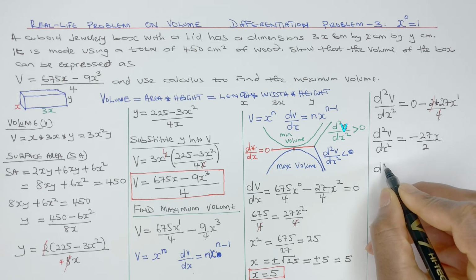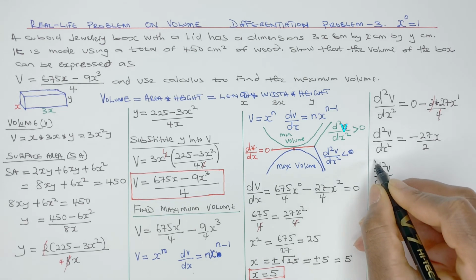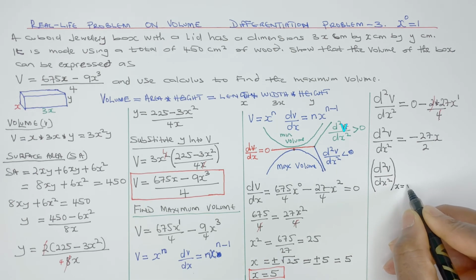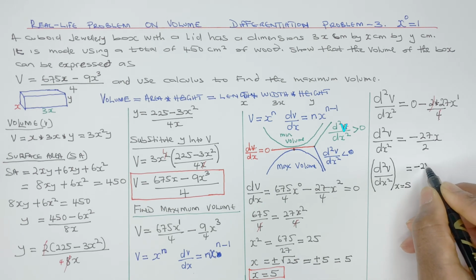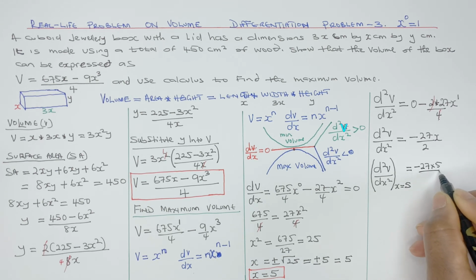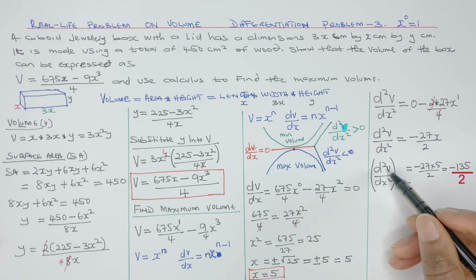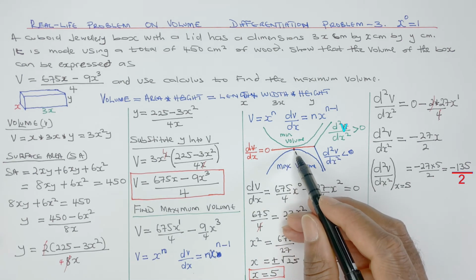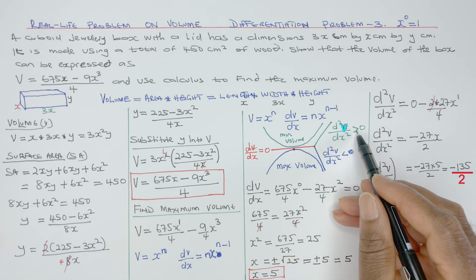So d2V/dx squared, when x equals 5, will be equal to minus 27 times 5 over 2, and that equals minus 135 over 2. The second derivative is negative, so therefore it's a maximum, not minimum, because it's negative.